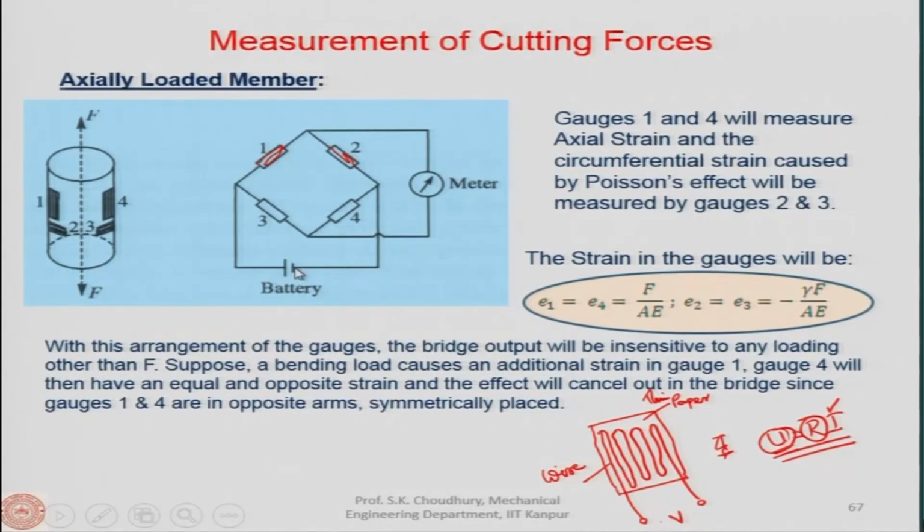passed. So, gauges 1 and 4 will measure the axial strain, along the axis, and the circumferential strain caused by Poisson's effect will be measured by gauges 2 and 3. Both are strain gauges, 1, 4 and 2, 3. So, 1 and 4 will measure the axial force.